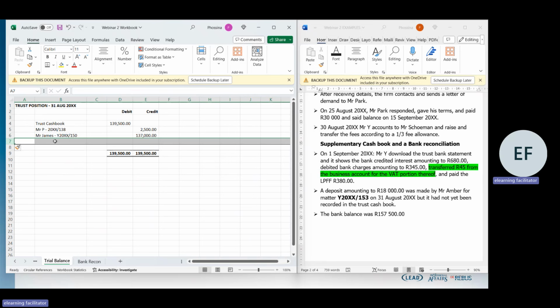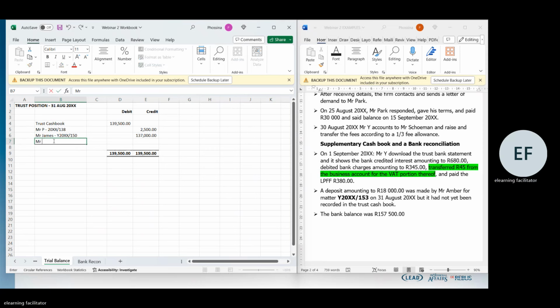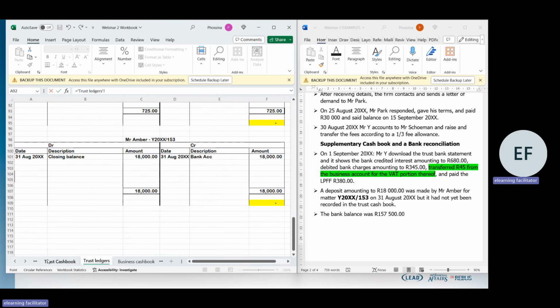This was pre-supplementary, but now we have got Mr. Ember, who has deposited his money, 20XX/153, and our bank now is changed because we've updated it with the supplementary information.